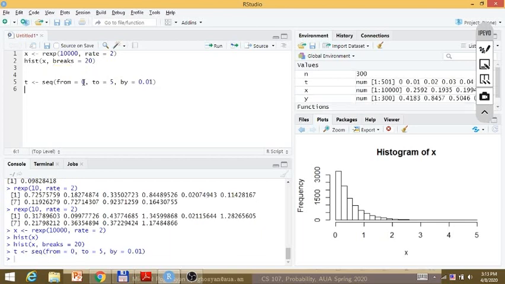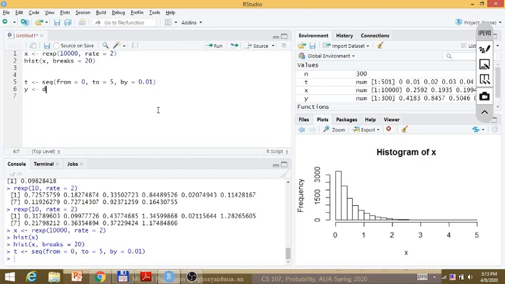I'm dividing my interval 0 to 5 with a mesh of size 0.01. Then I'm calculating y, the value of our PDF at each point t, PDF of the exponential distribution random variable with parameter 2.